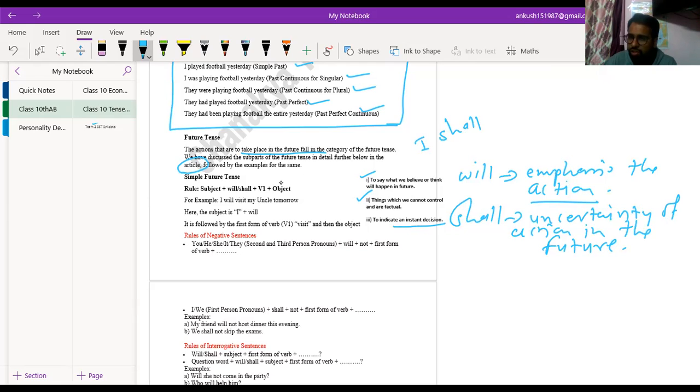If you have to use shall, you will use it with I or we. So, I shall go to the market. This is an uncertain activity that I am predicting will take place in the future time. It is not emphasizing that I would certainly go to the market. But suppose I write here will, it does not mean that I commit with will.